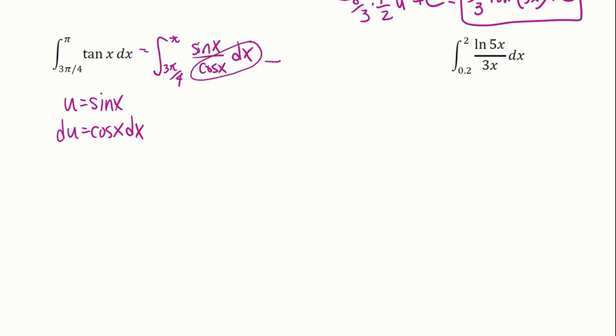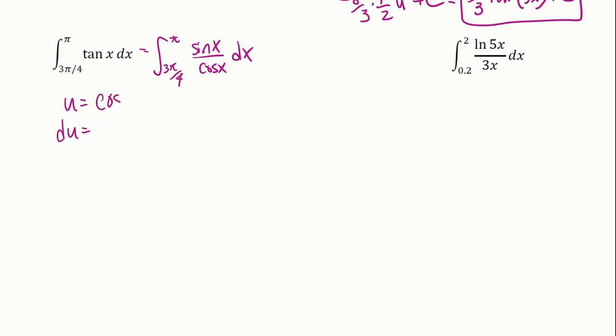This is dx divided by cosine. The dx is in the numerator, the cosine's in the denominator. That is not the same thing as cosine x times dx. So I tried u equals sine. That doesn't work because I'm not allowed to divide by the derivative. It has to be something being multiplied. So let's try again.